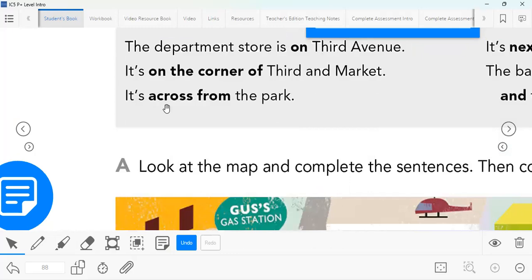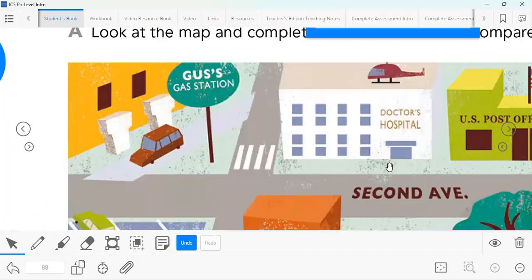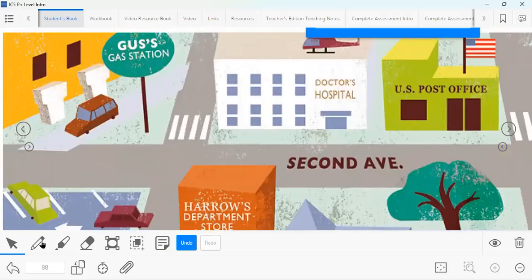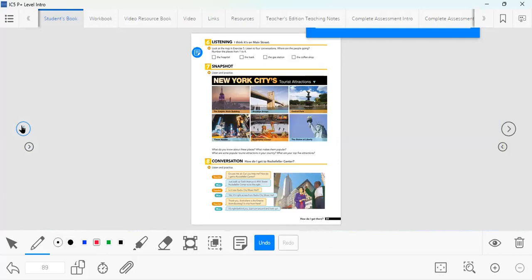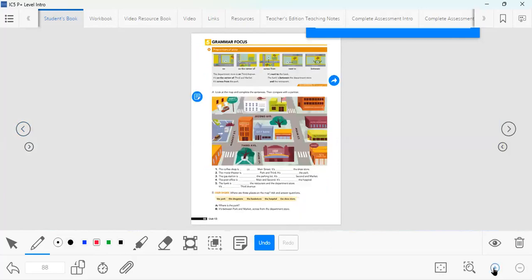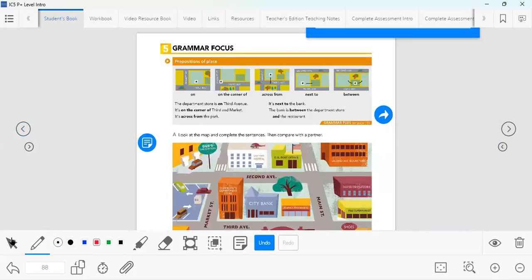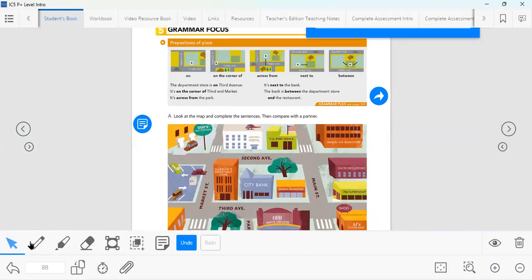Now we have the other expression that we can use, across from. Look, as simple as this. When we use across from, it means that you go like this. I don't know, can you see?